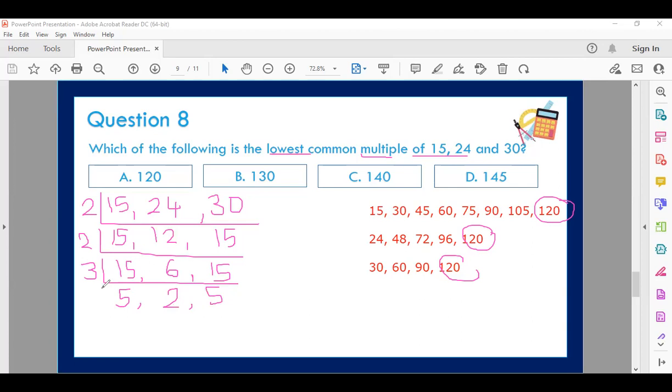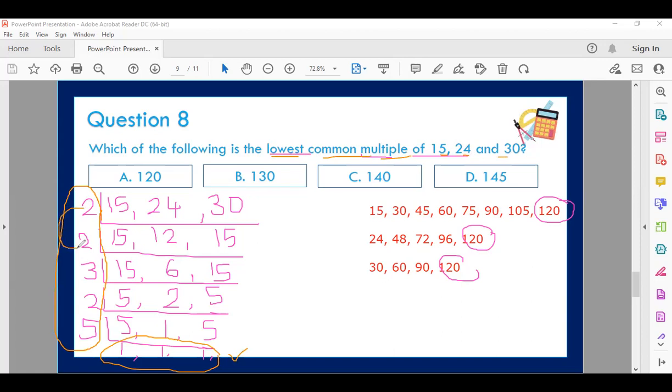Go on to divide with 2. So this becomes 5, 1, and 5. And finally, divide by 5, and you'll get 1, 1, and 1. You see that? You have to reach this 1, 1, 1 at the bottom. That means you can now multiply all these numbers, and that would be your lowest common multiple of these three numbers.